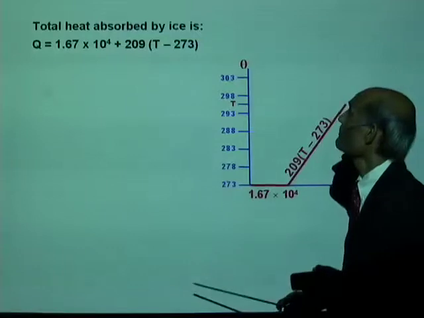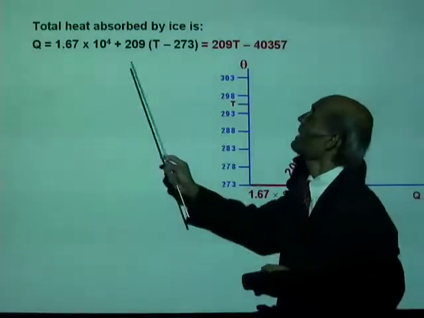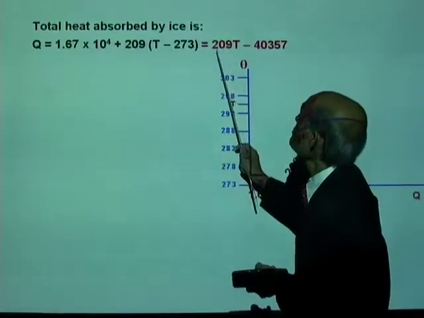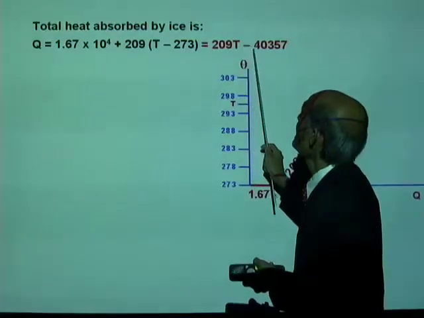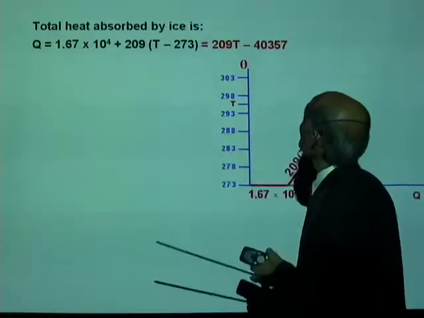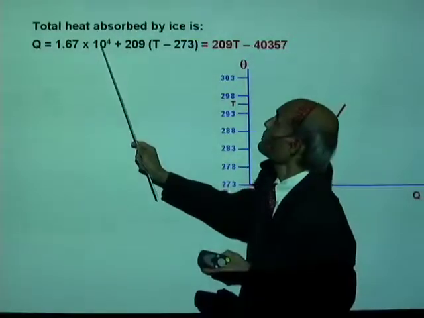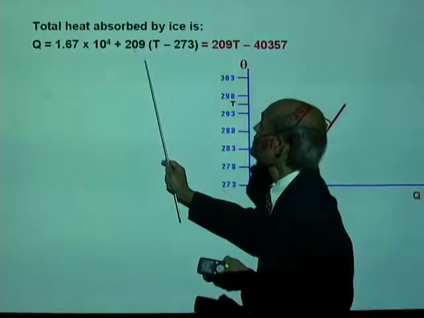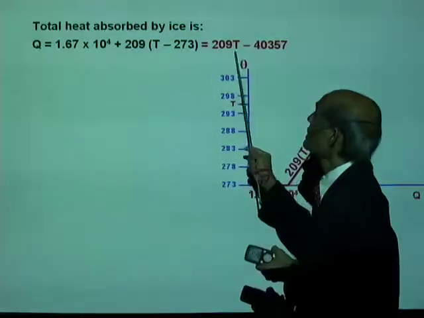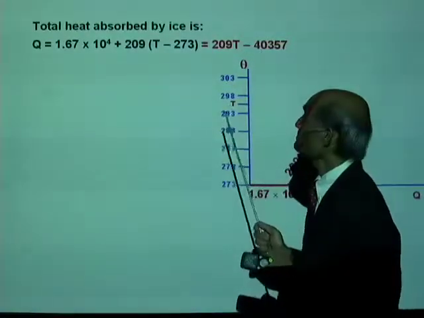There you are. And that will be, I just distributed these in here. That gave me 209T minus 40,357. I just distributed this and added the numbers, and this is the result.